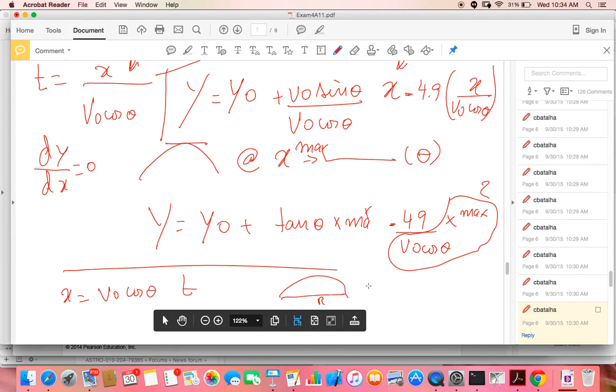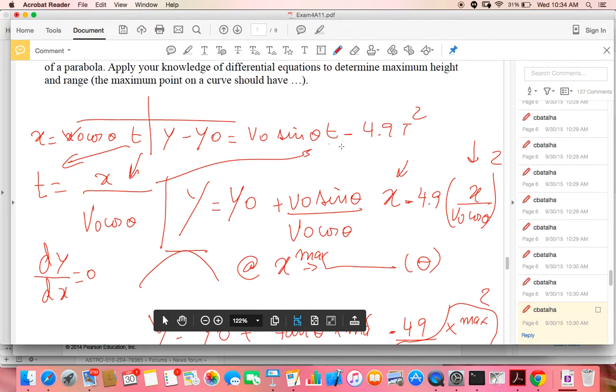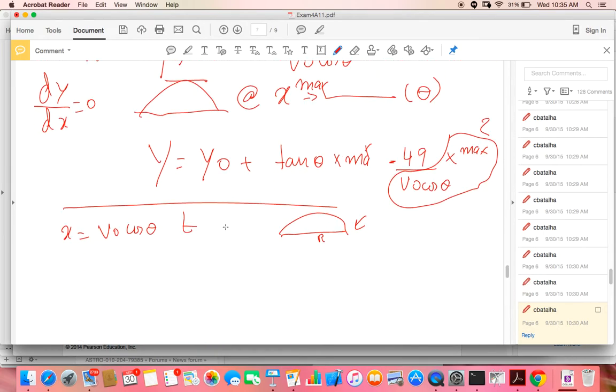So if you go in this equation here, there are two conditions for this horizontal level. One is that t equals 0, and the other one, when you make y equal to y naught, you can find the time. Sorry, I'm rushing now.